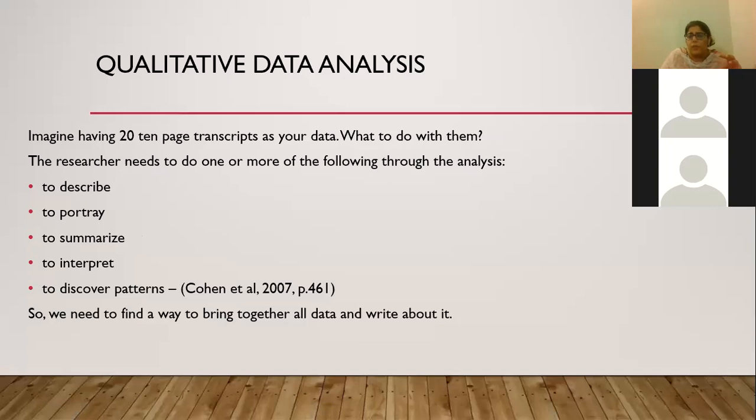So we need to think about how to bring it together. So either we would summarize it or we would find patterns in it. Okay, we would say like all the boys are answering in a different way, and all the girls are answering it in a different way. That's a pattern.